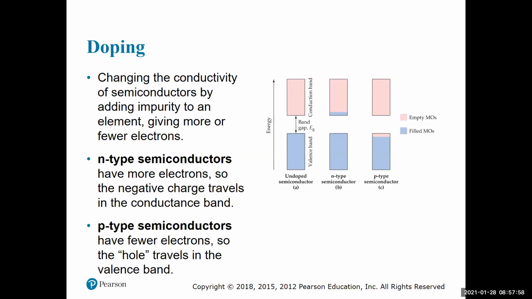By introducing an impurity, and this is where the concept of doping comes into play, we can change this valence band. We can have something called an N-type semiconductor, where we have extra electrons and electrons start to go into that conduction band, or we can have a P-type semiconductor where we have fewer electrons, and so we have some empty molecular orbitals down in the valence band.